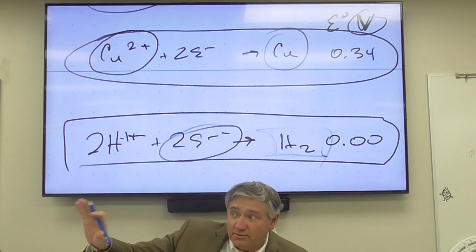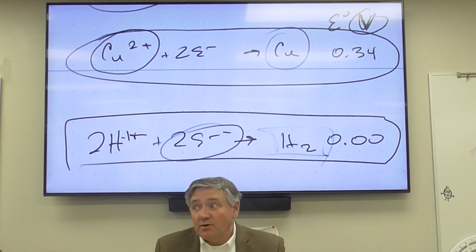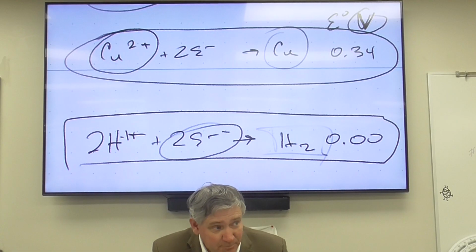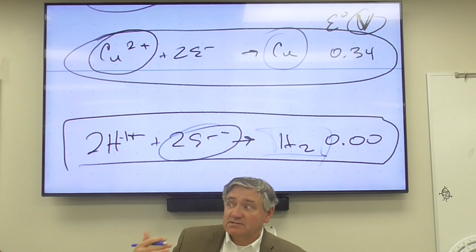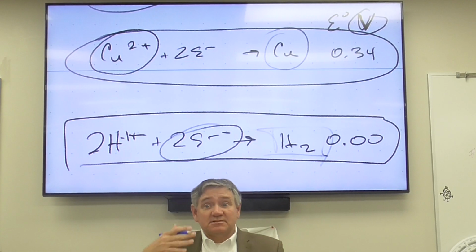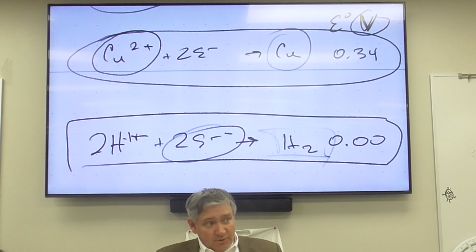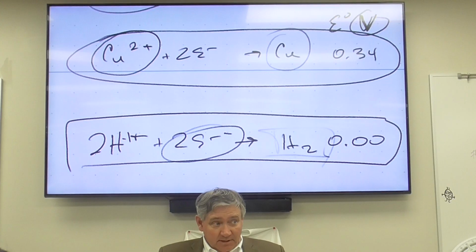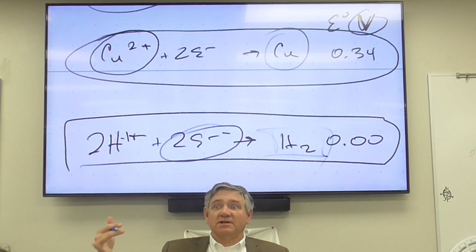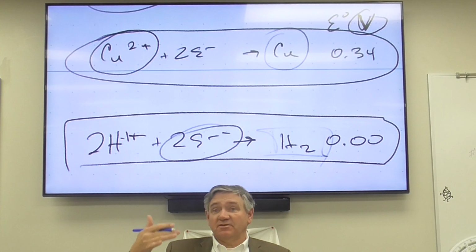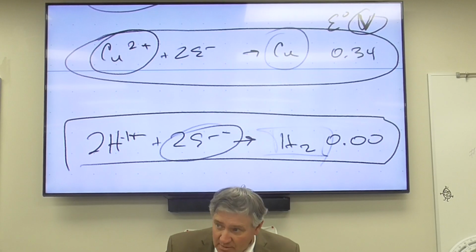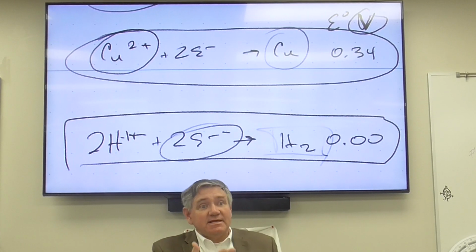It really wants to go in that direction, which is why fluorine gas is highly poisonous. You breathe that in, it's going to search out electrons, and that's going to come from your lungs, which is bad. This is why fluorine gas is so poisonous, because it is so willing to take in electrons.